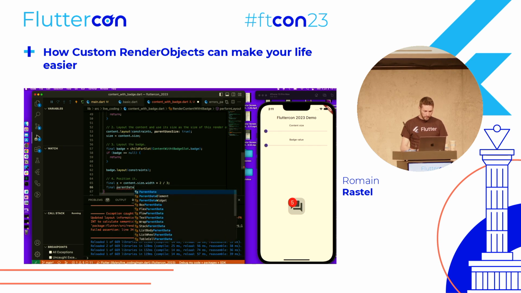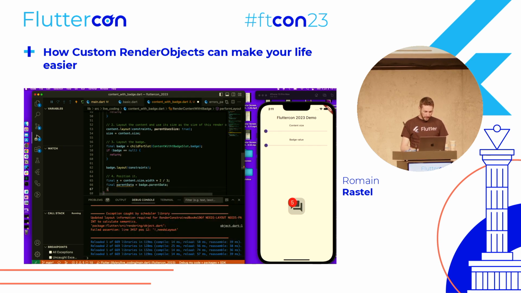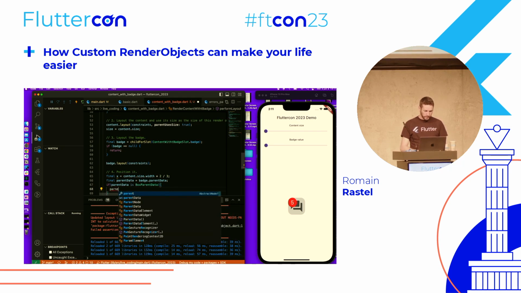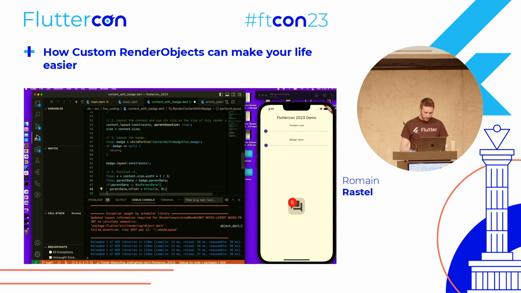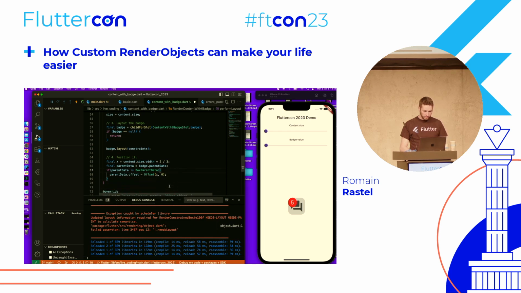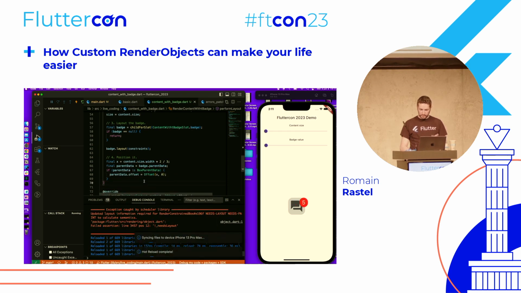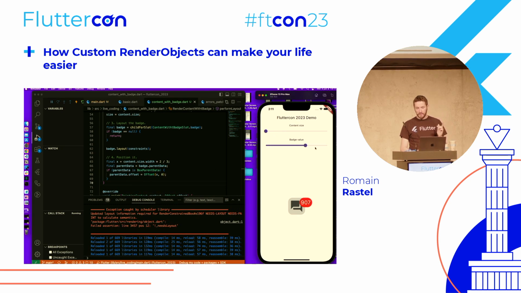If parent data is a box parent data, what I want to do is to set the parent data offset to X, 0. So if I save, okay, it's all right. So then we have our page, and this page is always positioned at 2/3 of the content here. So that's all. We succeeded in doing it.